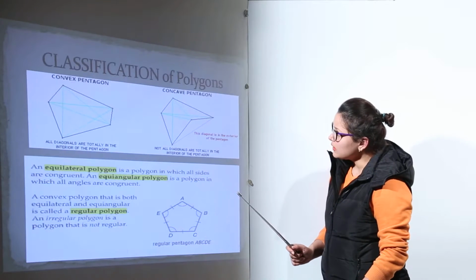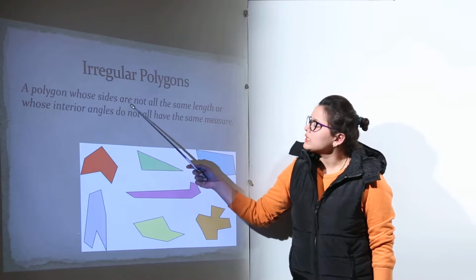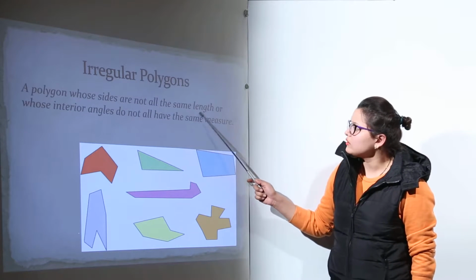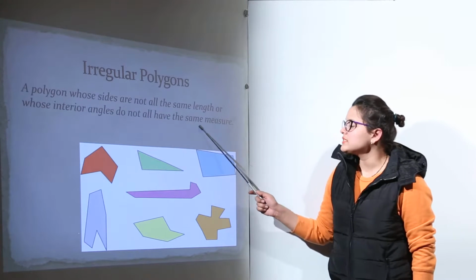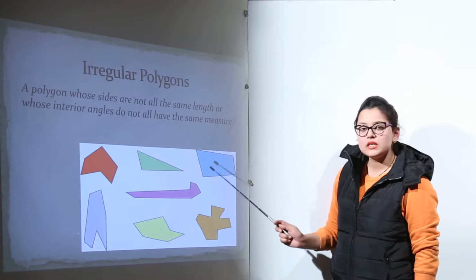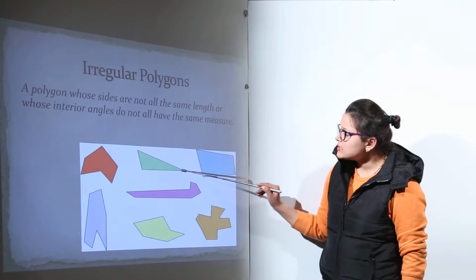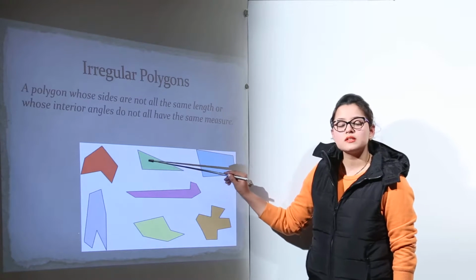Now, the next is the irregular polygon. In an irregular polygon, the sides are not all the same length or the interior angles do not all have the same measure. You can see all these figures over here. Now, we can see the green one. This is a three-sided polygon. A three-sided polygon is known as a triangle.